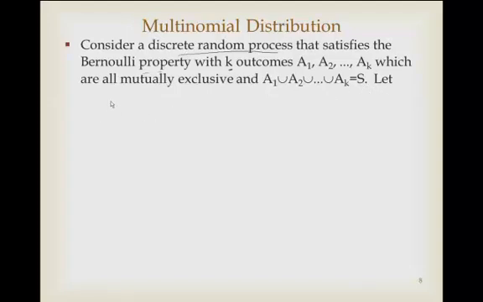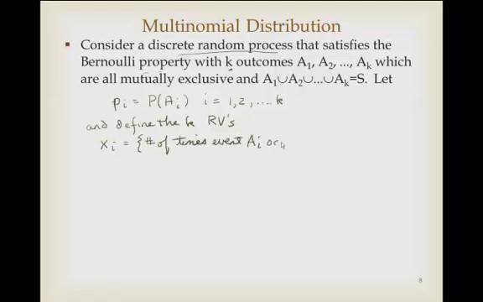Let pi be the probability that event Ai occurs, for example that we have a freshman, where i is equal to 1, 2, all the way to k, and define the k random variables.